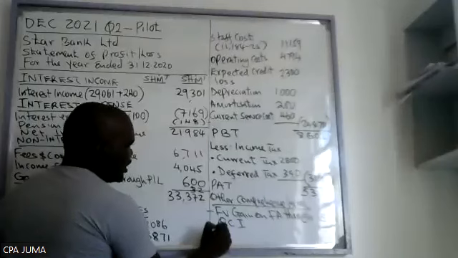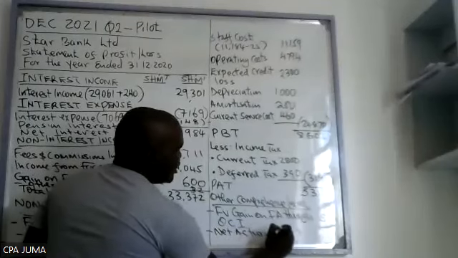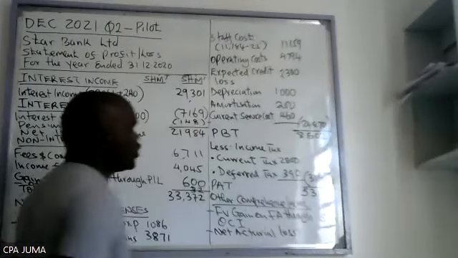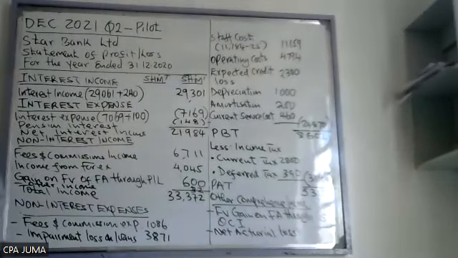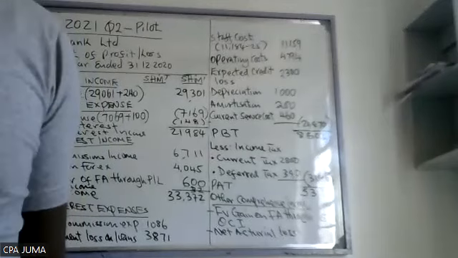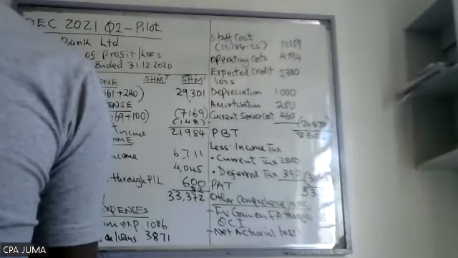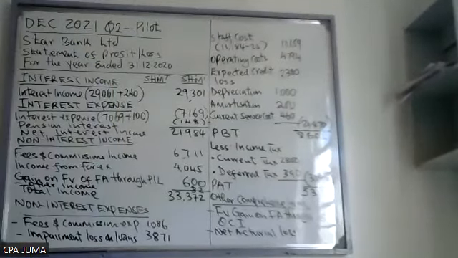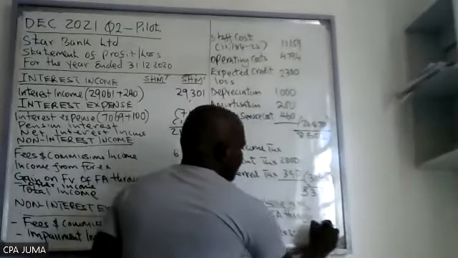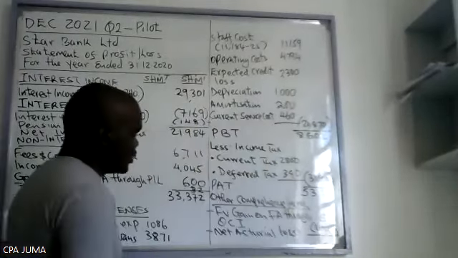Then there was net actuarial loss. Actuarial loss is other comprehensive. How much was it? The net actuarial loss, we got 140. Thank you. So that one is less. Therefore, we are done with that.